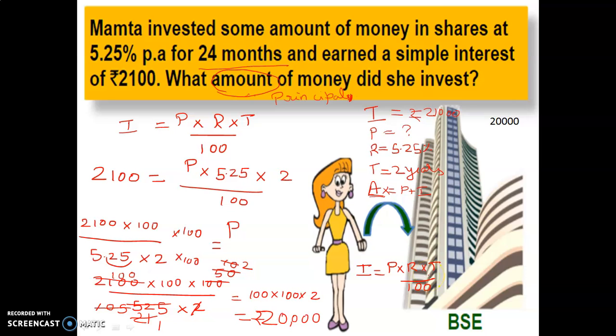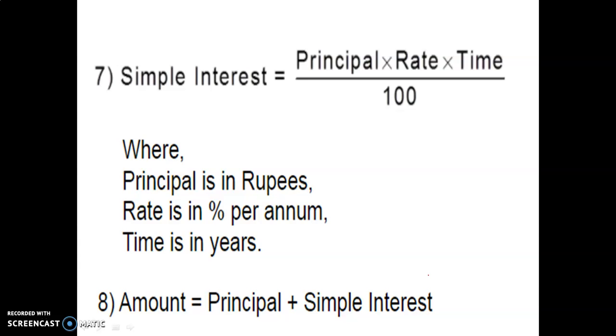All these things we will discuss once again in another video also. Today you have to discuss all these words with your parents. What are the words that you are going to discuss with your parents? Interest, principal, rate, time and amount. All these 5 words you have to discuss with your parents. Is it clear, children?